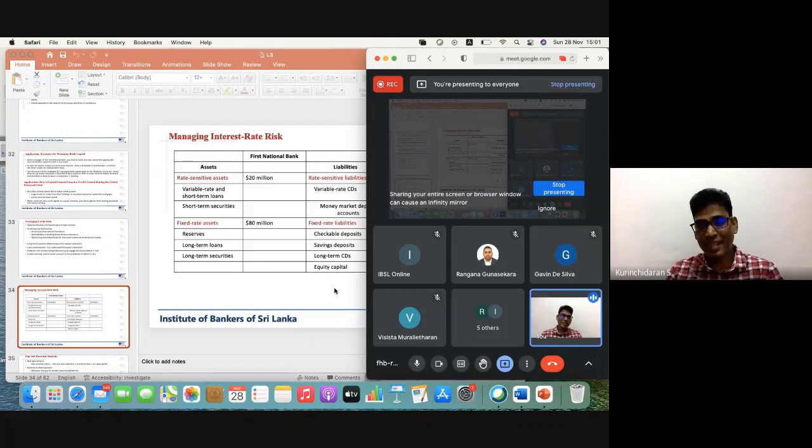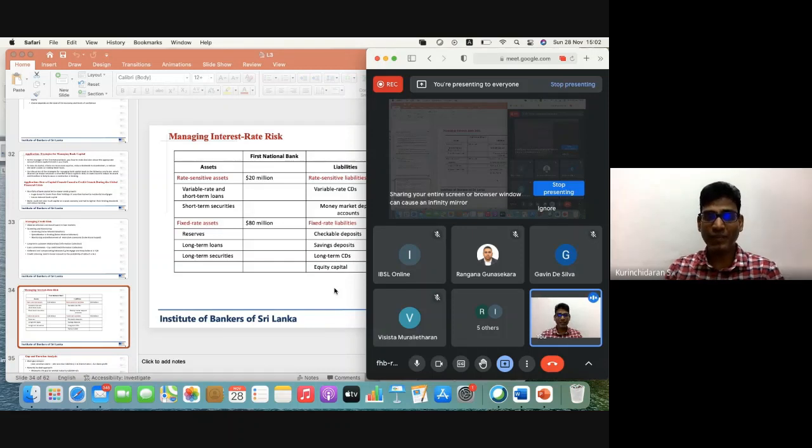So in your Assets and Liability Committee, in your ALCO, you discuss this expectation. And you just change this characteristic, whether you are going to have fixed rate or rate sensitive. So you are going to discuss and fix it. Right?